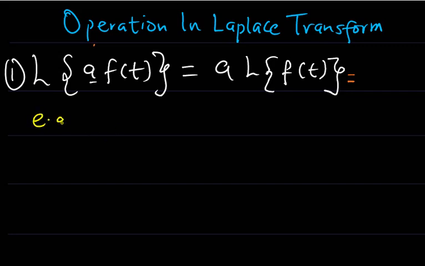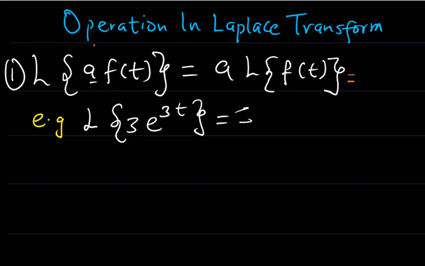Let's say you are being asked to evaluate the Laplace transform of 3 exponent of 3t. This is the same thing as multiplying 3 by the Laplace transform of the exponent of 3t. And of course, you know what the answer is.